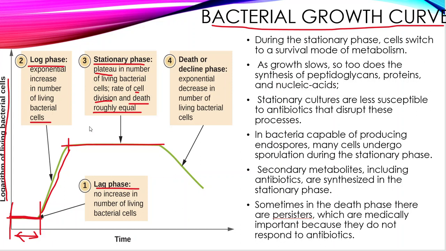The other bacteria get them. And then finally we have the death phase, and it's an exponential curve, only it's going down. And again, what we're seeing is even though there may be very few divisions, most of the bacteria are dying and not being replaced.